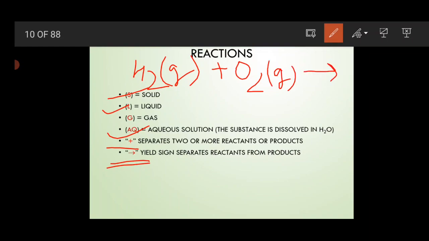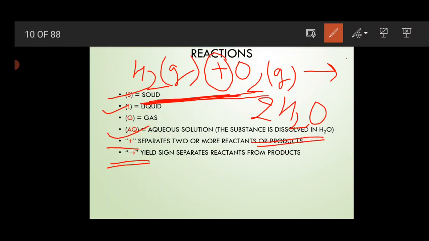After the reaction, see here there are two reactants. Whenever two or more reactants are there, to differentiate them we put a plus sign. After the reaction, we will get 2 moles of water molecules. To differentiate reactant and product, we put an arrow sign.